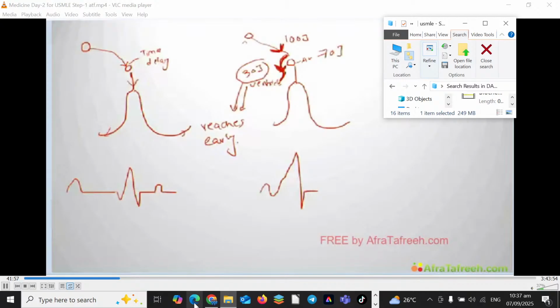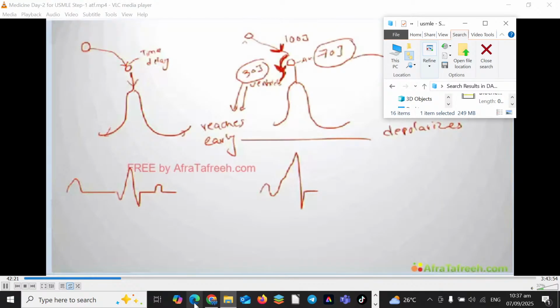And when the wave of depolarization reaches the myocardium, what does it do? It depolarizes the myocardium. And later, upon this myocardium, will your 70 joules come because of the AV delay. This comes later because of the AV delay.